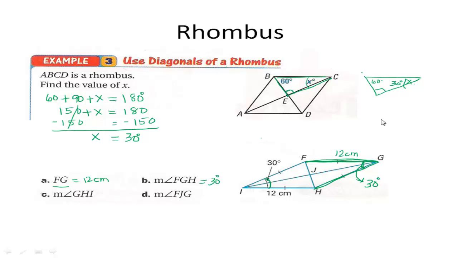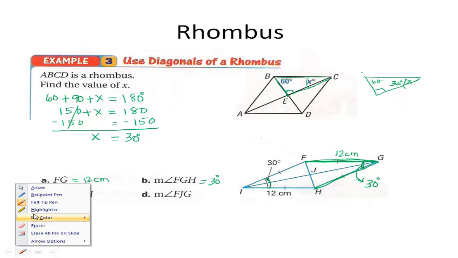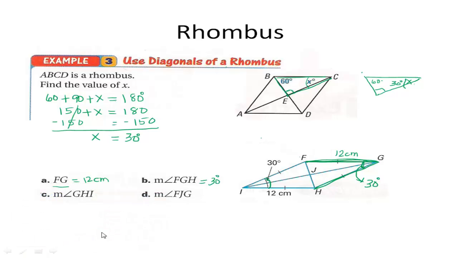Let's trace GHI. Let's change the color of this pen. GHI. The middle letter, that's the angle they want to know.